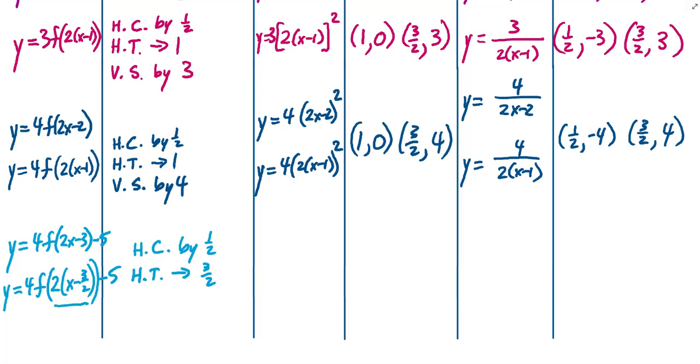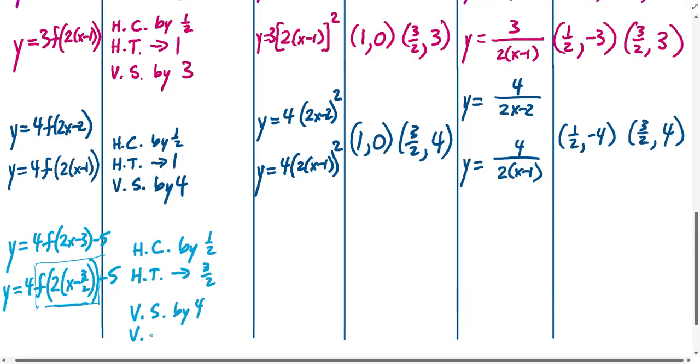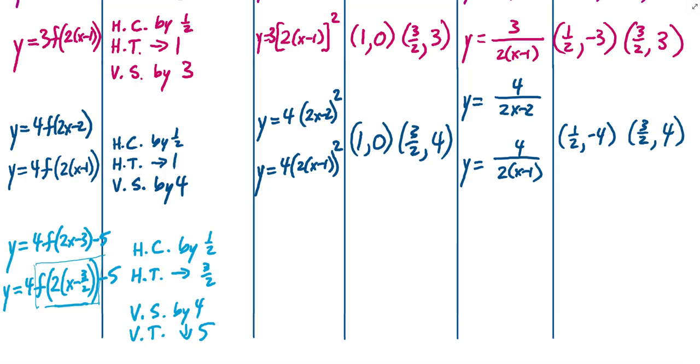Also, after the function, I'm multiplying my y, because f outputs a y. But that y then gets multiplied by 4, so I have a vertical stretch by 4, and then we subtract 5. So I also have a vertical translation down by 5. Those are all of the things that are happening there.